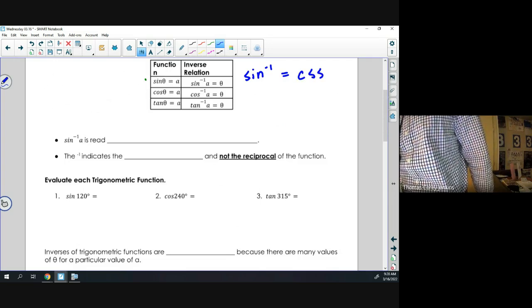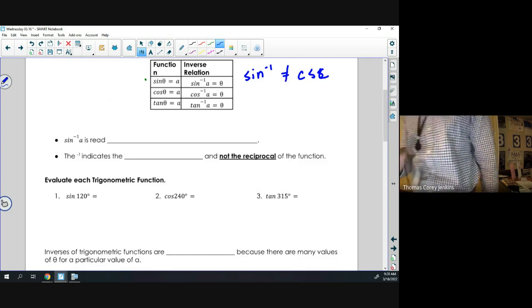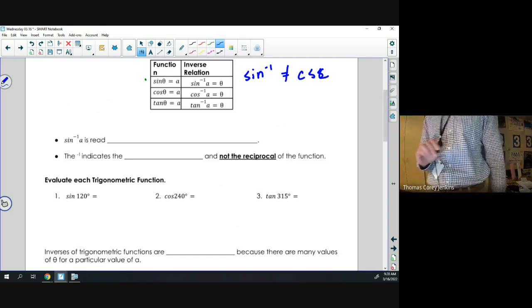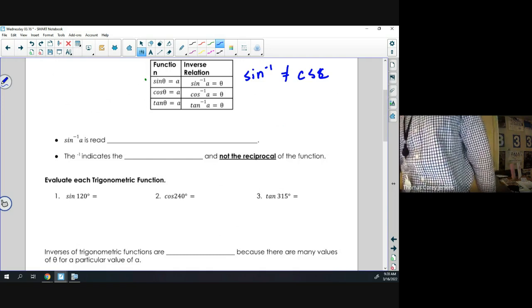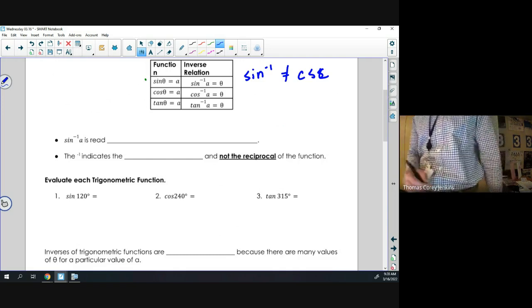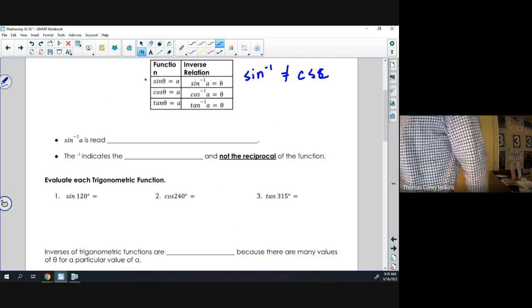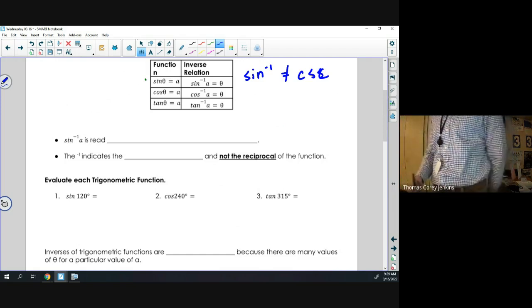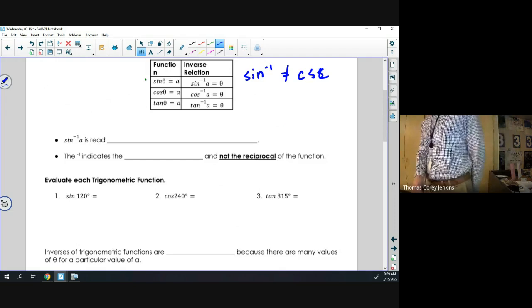That is false. Okay, those aren't the same. So that was my bad. We'll talk about how you say it in a second. But that notation doesn't mean the reciprocal of sine, which is cosecant. So sorry about that.